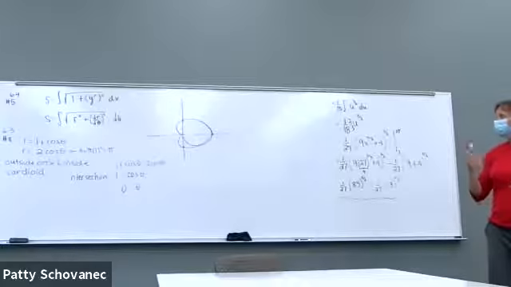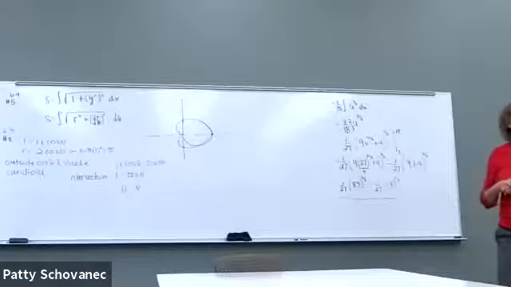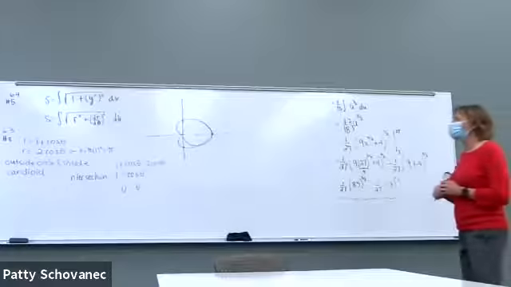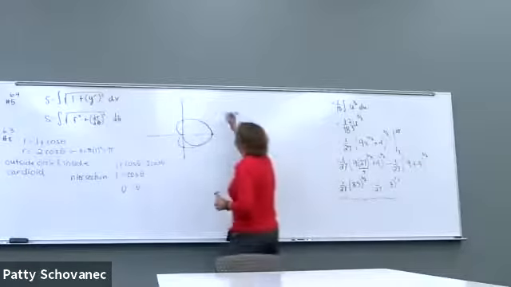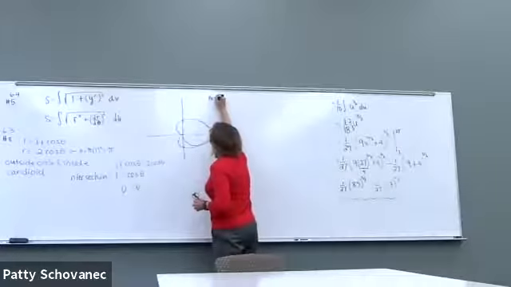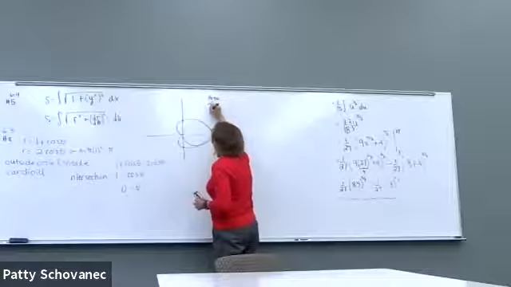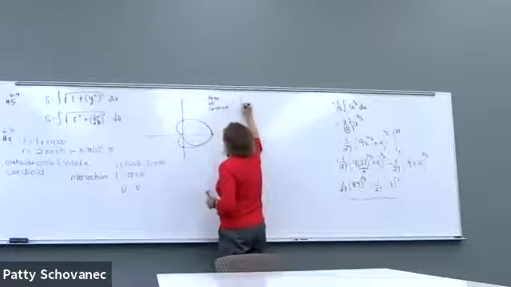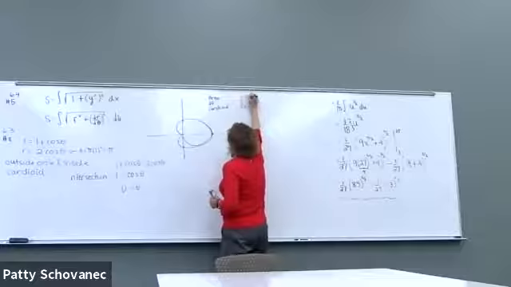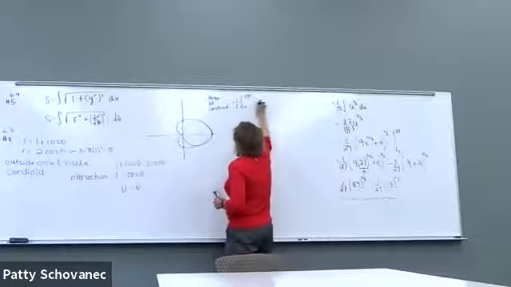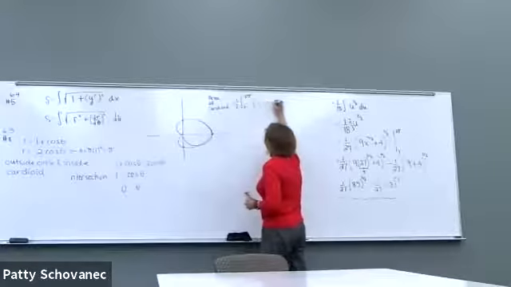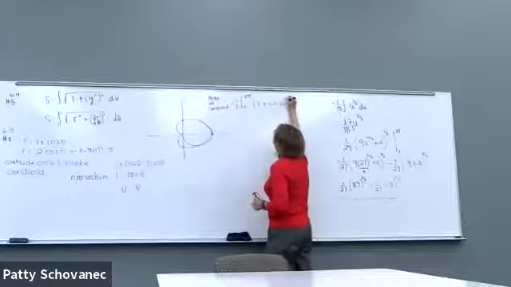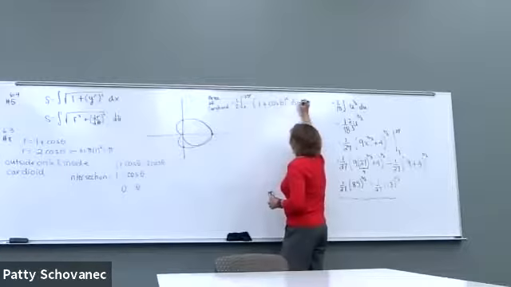The cardioid took me an entire lap around the unit circle to graph, so I'm going to integrate from 0 to 2 pi of the 1 plus cosine theta. But I need to remind you of the area formula.